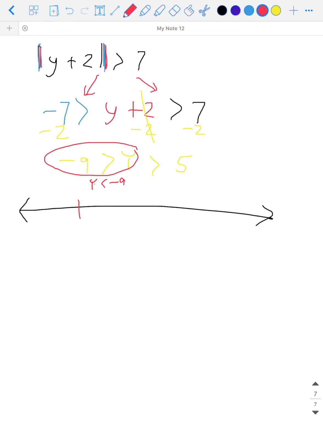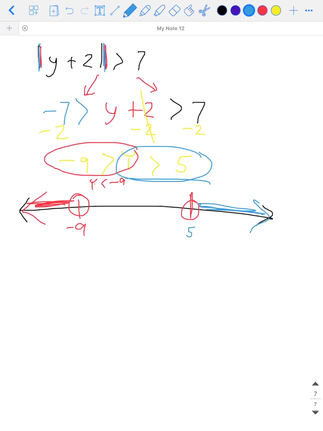So just put negative 9 here, and it's all values without including negative 9 itself that satisfy the system, and the same thing with 5. Y is greater than 5, so I'll put a point here for 5. Y is greater than 5, so it shades to the right.